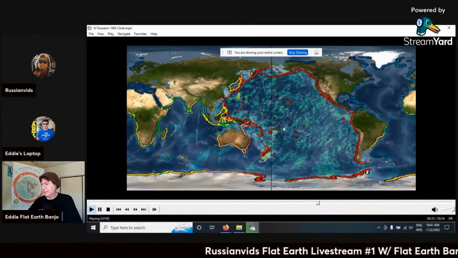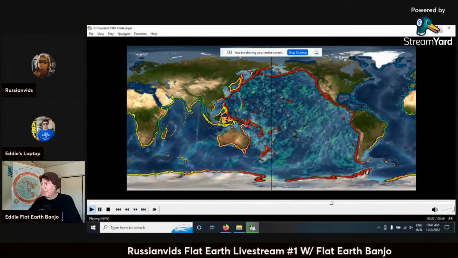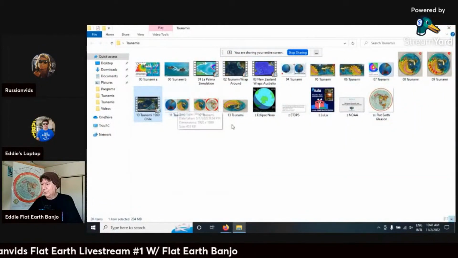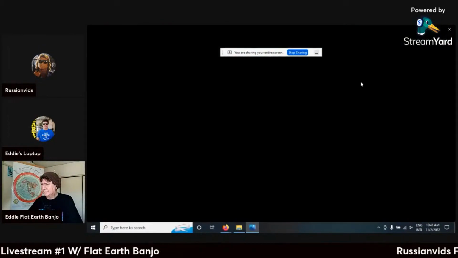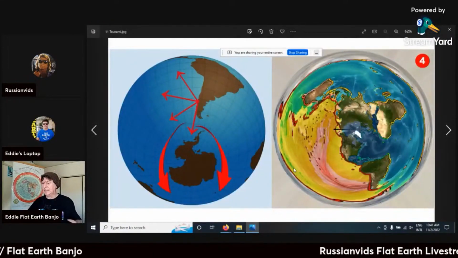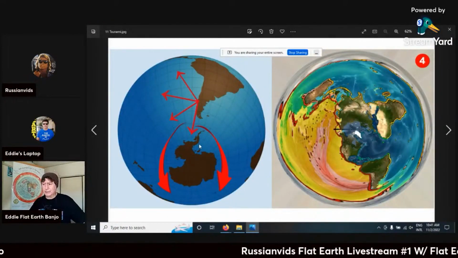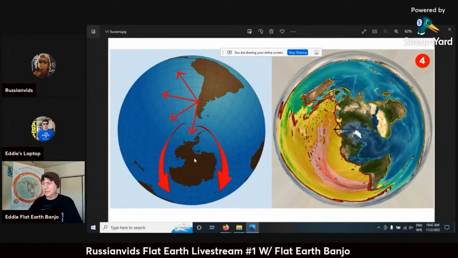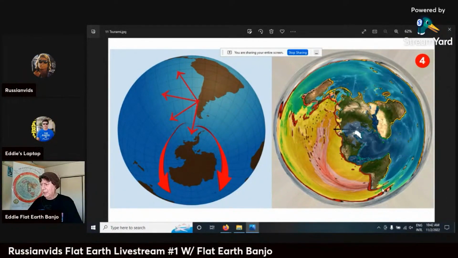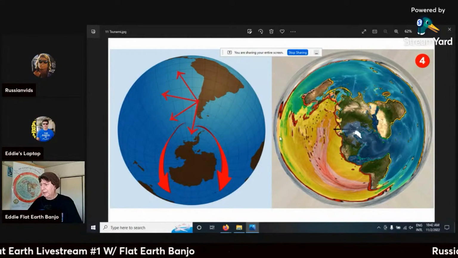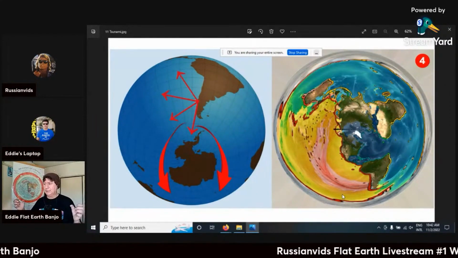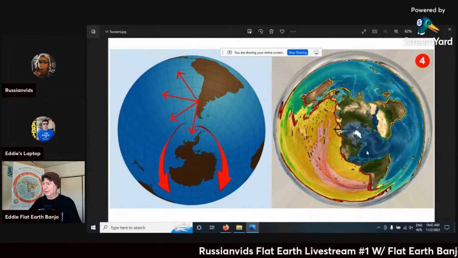So this is the official animation. You're never going to see these waves coming from the south and from the Atlantic. It never wraps around Antarctica, because Antarctica is not this continent on the bottom of the ball. We have an ice wall, and this ice wall contains all the strength and the impact of these tsunamis.